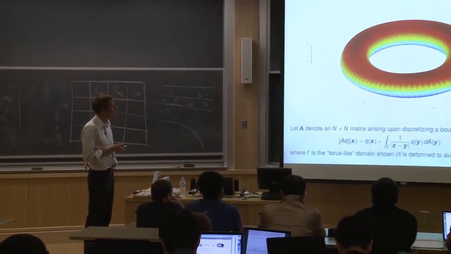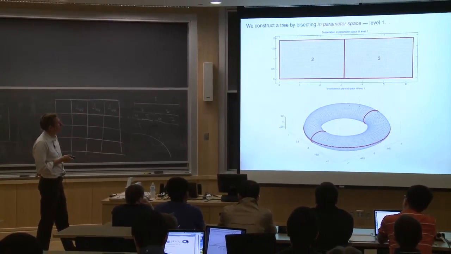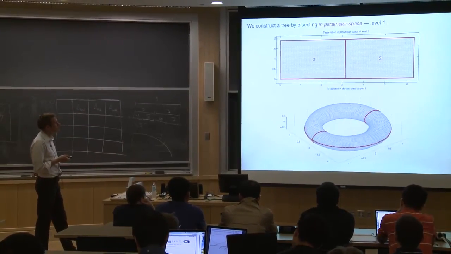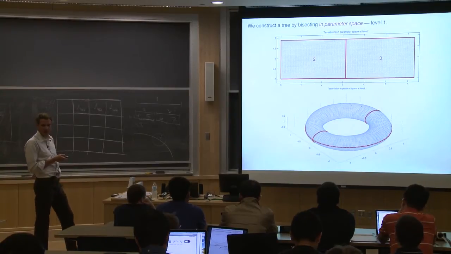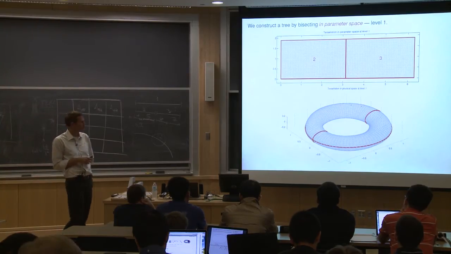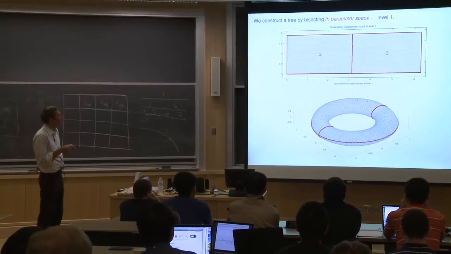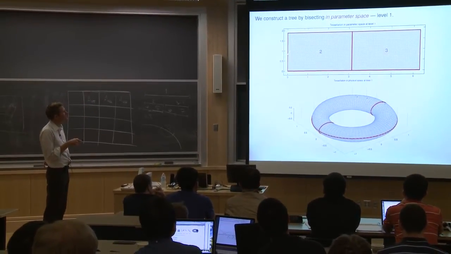So now how do we compress this? So now I'm going to put a tree in parameter space. So here's this torus-like surface. It's not exactly a torus because I didn't want it to be rotationally symmetric. So we parameterize it.